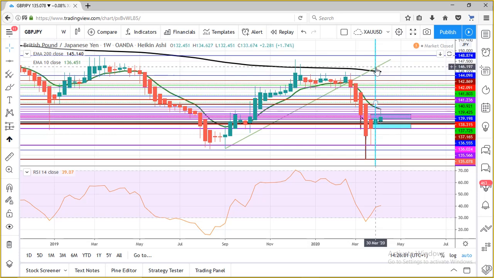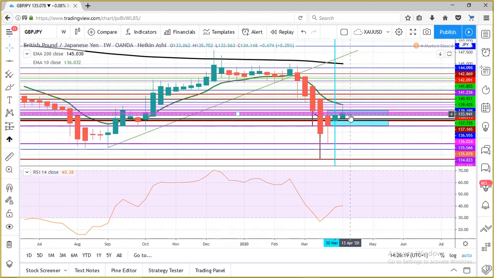It was around here that we had our TP, that we went out, then we came back into the market to join this trade. And last week, or yes, 2 weeks ago, the market could not go beyond this level.